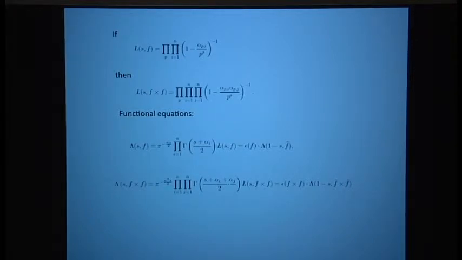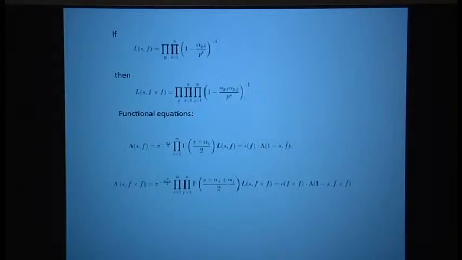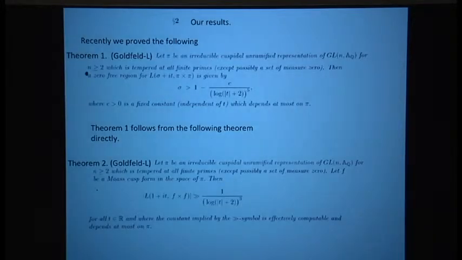For this Rankin-Selberg L function, we have a functional equation, s goes to one minus s, and analytic continuation. If f is not self-dual, we know this Rankin-Selberg L function is holomorphic. So here's our new result with Goldfeld.